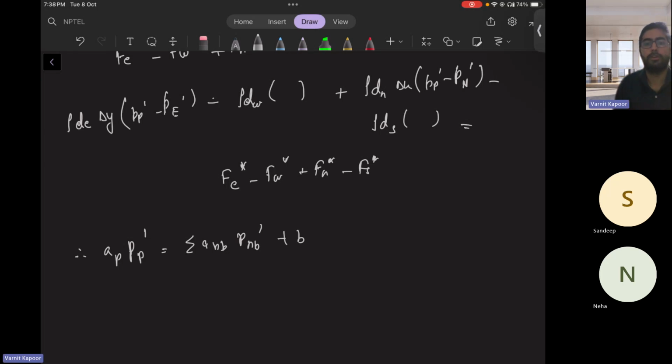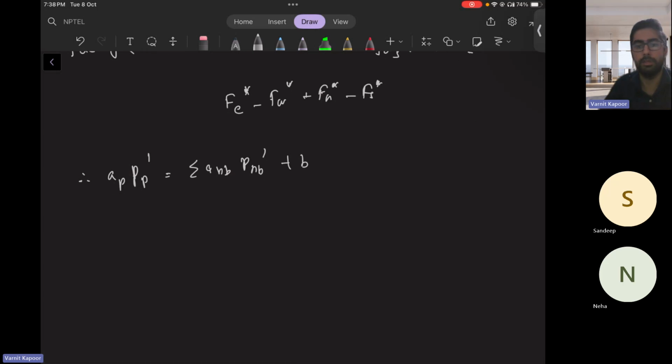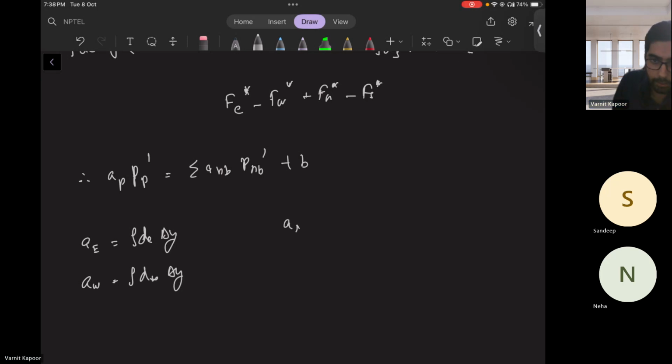So this is an equation of pressure correction. Now you have got from the continuity where AE is just rho DE del Y. Similarly, A west you will get rho DW del Y. A north you will get rho dN del X and A south rho ds del X, because here capital values are coming because all the values are stored at cell centers.